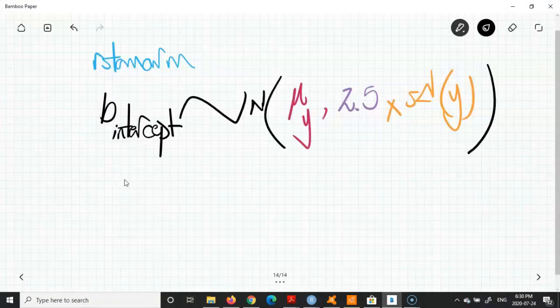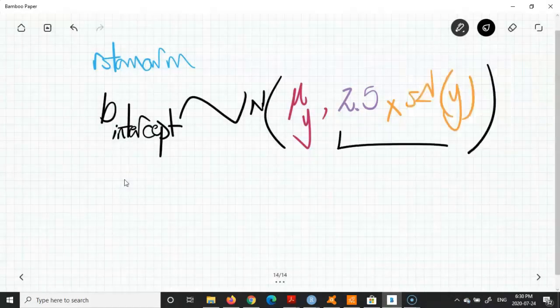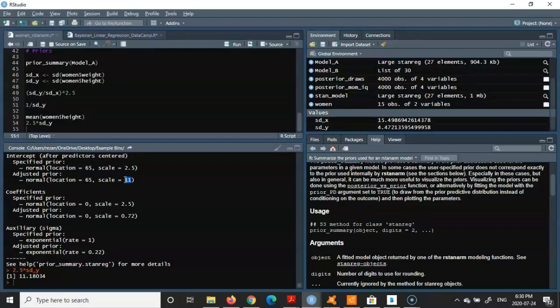And as you notice from what I have written here, in order to make the adjustment, I had to multiply 2.5 by the standard deviation of your responses, which in our case is the women's height in our American women data set.